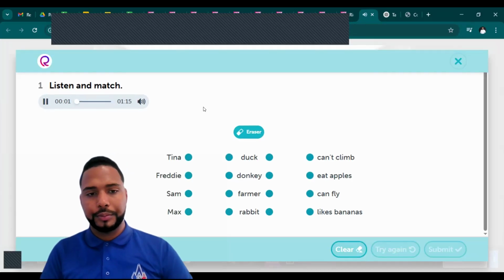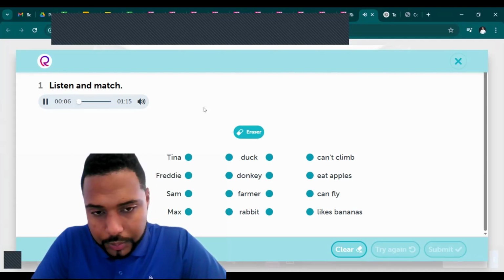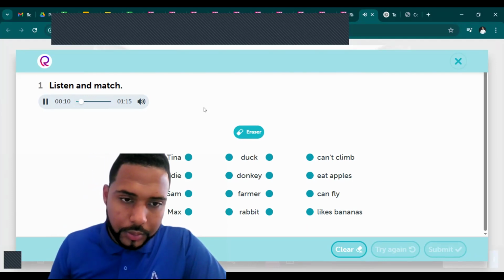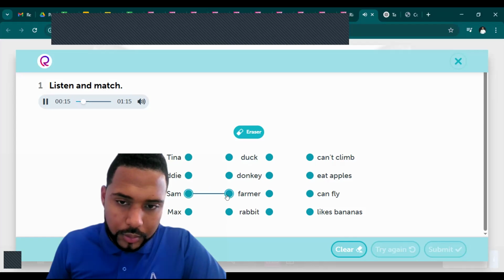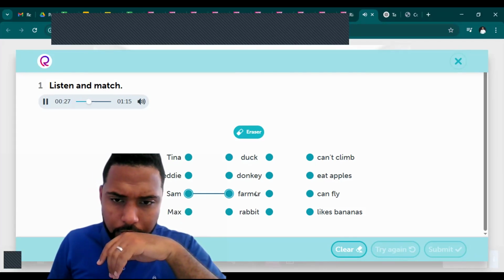Unit 5, Track 13. Hi, my name is Sam. I'm a farmer. There are a lot of animals on my farm, and they eat a lot of food. What's the name of the donkey? That's Max. What do donkeys eat? They eat apples.